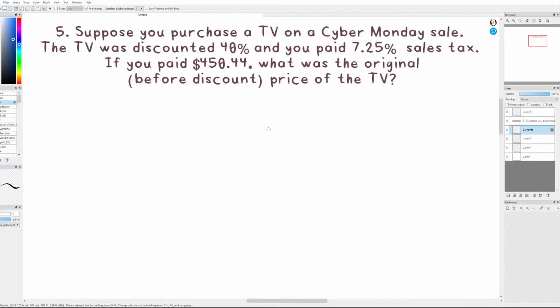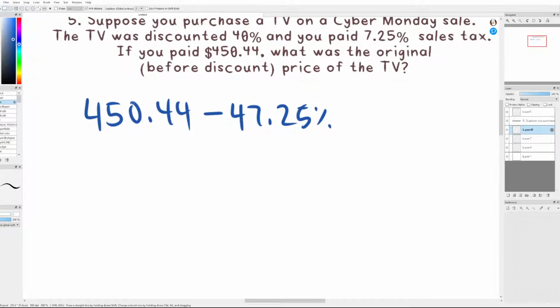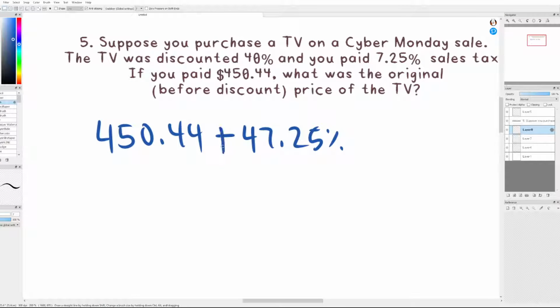To do this, what it intuitively feels like to do, which is wrong by the way, is to take your $450.44 and subtract 40% of this, or add 7.25% of this, because it was a discount.